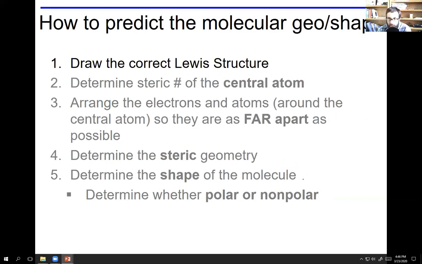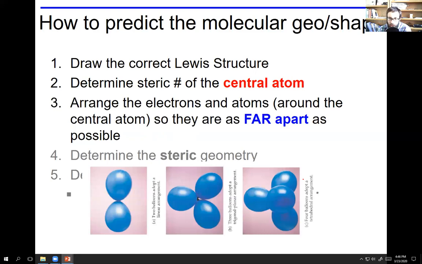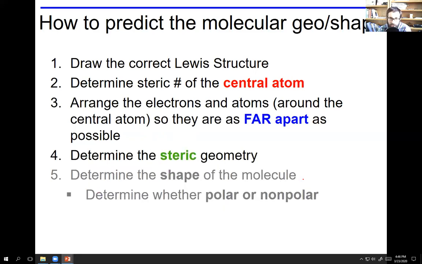So how are we going to predict shape? Well, the first thing is doing all the work from the last chapter, which is that you have to draw the correct Lewis structure. Once you do that, you're going to determine the steric number of the central atom. You're then going to arrange the electrons and atoms around the central atom so that they are as far apart as possible. Then you're going to determine the steric geometry, and from that, you're going to determine the shape of the molecule.